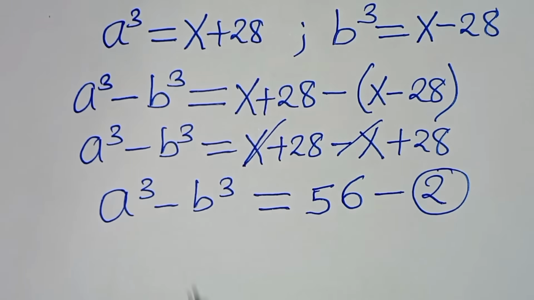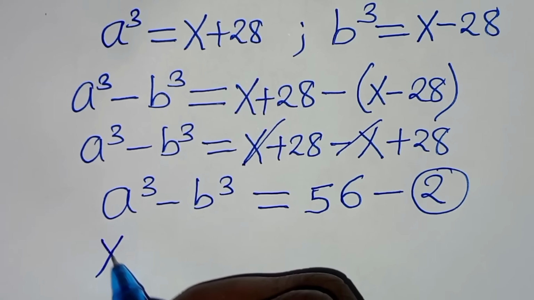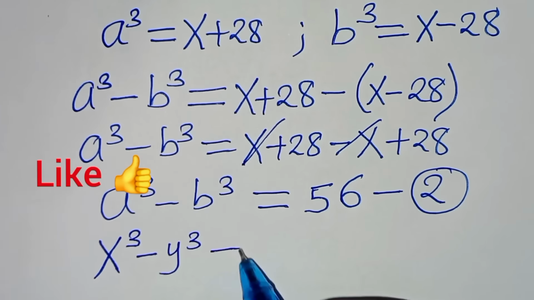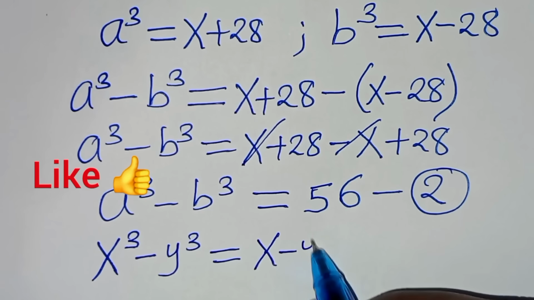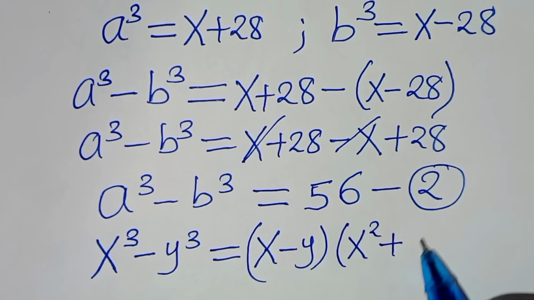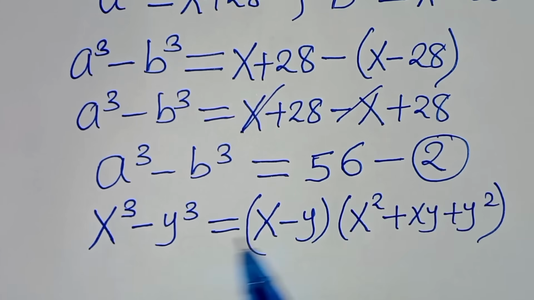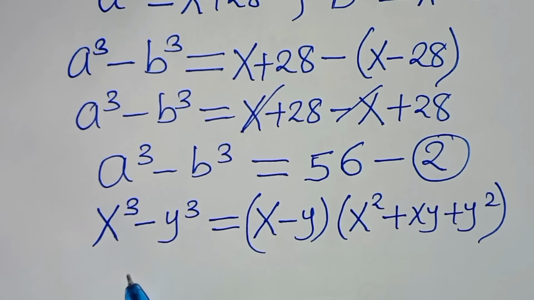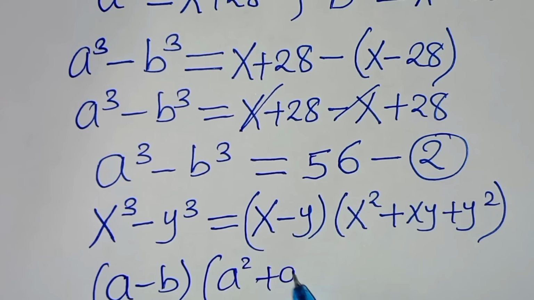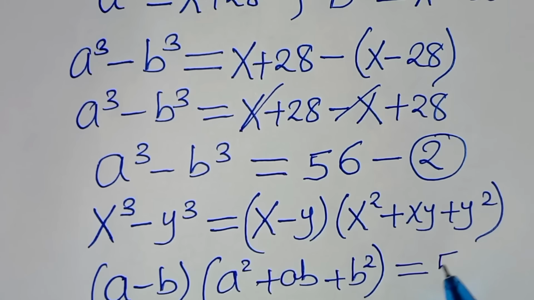The next step: a to the power of 3 minus b to the power of 3 is the difference of two cubes, expressed as x cubed minus y cubed, which we can express as x minus y times x squared plus xy plus y squared. Applying this identity, we have a minus b times a squared plus ab plus b squared equal to 56.